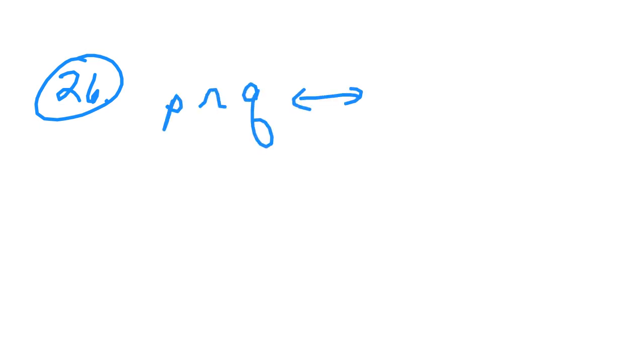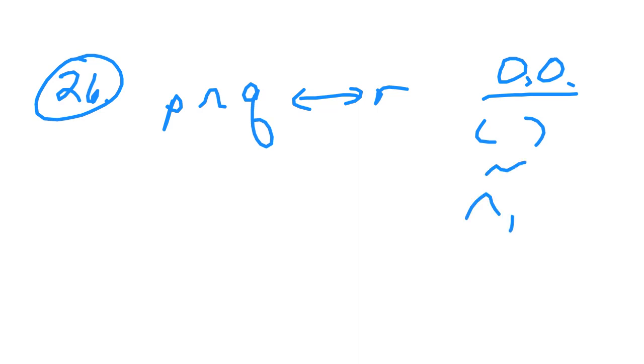So let's look at a couple of these here. Let's look at number 26. Number 26 is P and Q if and only if R. Well, the most dominant connective here, if we were going to use order of operations, remember order of operations says we're going to do anything in parentheses first. Then we're going to do any negations, and then any ands and ors, and I even talked about exclusive ors.